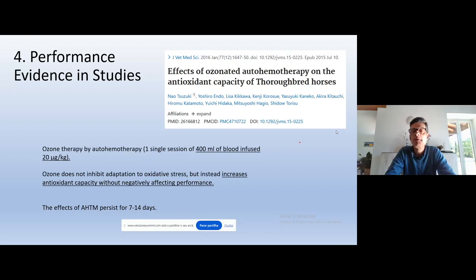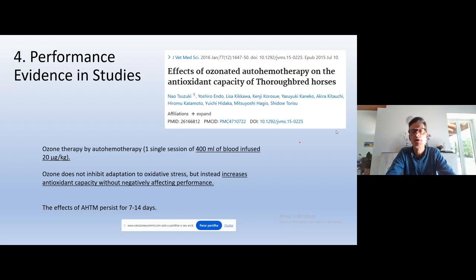So therefore, I tend to do 5 sessions at least, in each case when it's to increment performance. But we don't have any study that tells us how long these 5 sessions, or 10 sessions, will last.